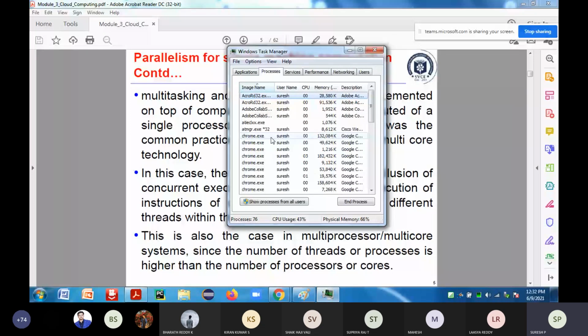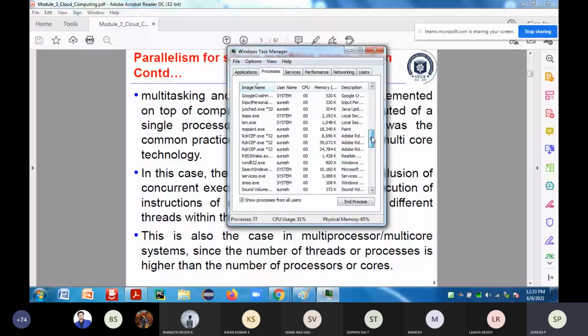When you go to the processes, there are a number of processes running in the background, and you can see the list. You can see the option to show processes from all users. That means if the number of users is more, it shows the processes from all the users, so that you have control over how many processes are running in the background.